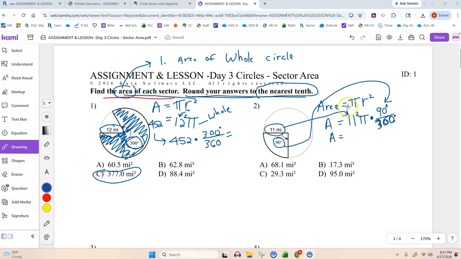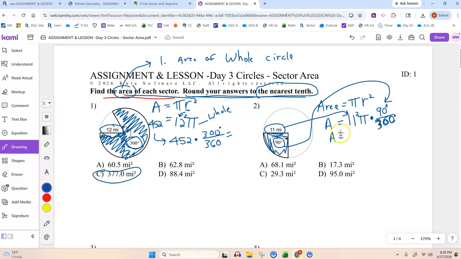Okay, so here's the setup. First we take the area, and that would be the radius squared times pi right here. I'm going to show you the whole setup first before I calculate it. So it's going to be 11 squared, which comes from over here, times pi. That's why we've got the square right there. Then I'm going to multiply the result by the degree of the section. The bold line is right here, so we're looking for the area of this right here.